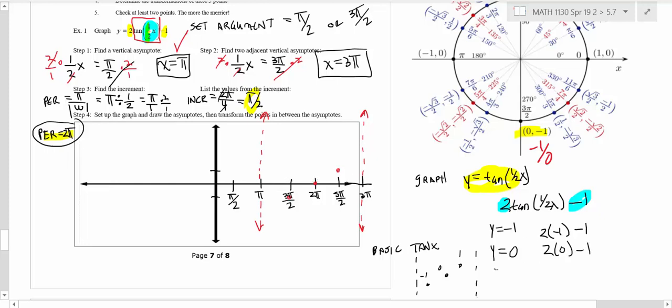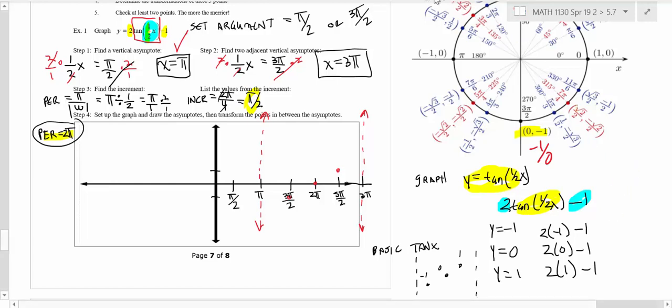And then the y value of 1, we just do 2 times 1 minus 1. Because the y values on tangent of 1/2 x, if you're just looking at this piece only, are -1, 0, and 1. So I'm just adjusting those now, and that will tell you where those points move to, and then you've got everything that you need. Once you get the asymptotes, you want to modify those y values -1, 0, and 1, because those are the key points.